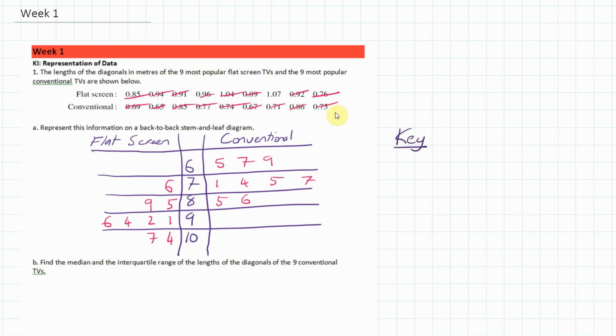We could go 7, and on one side we've got a 6, the other side we've got a 1, and then we'll write means 0.76 flat screen, and we better put our units in meters, or 0.71 meters conventional.